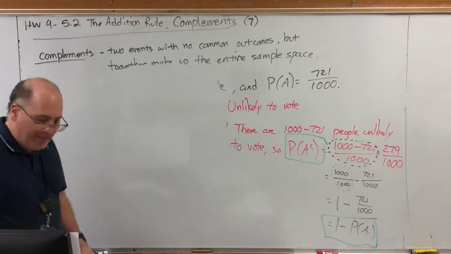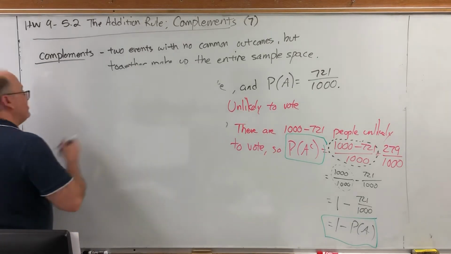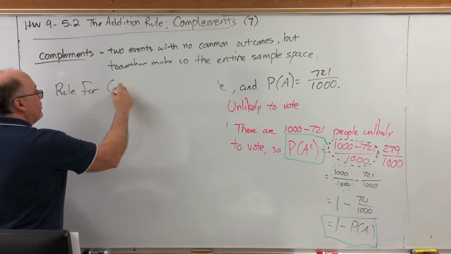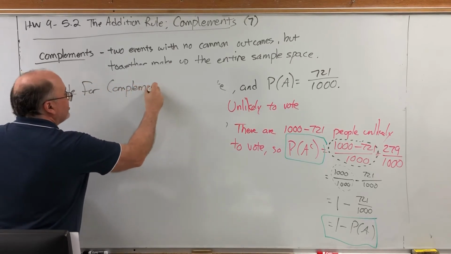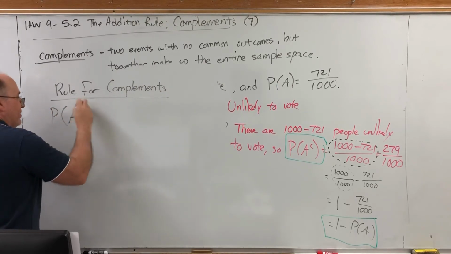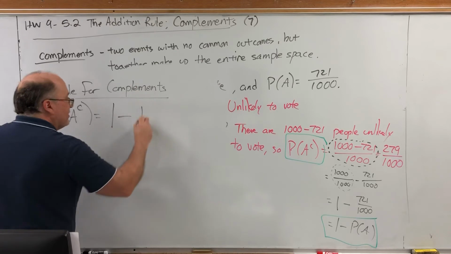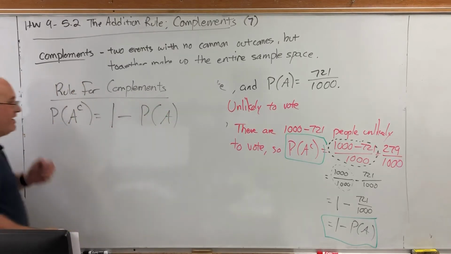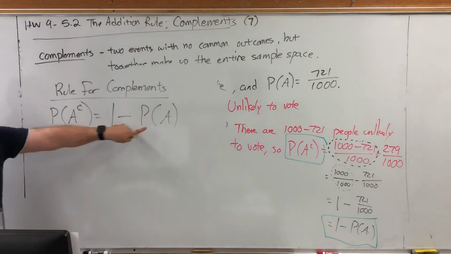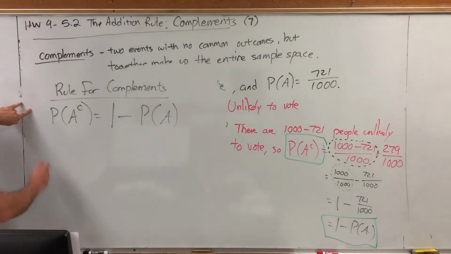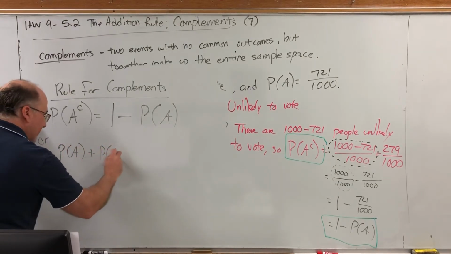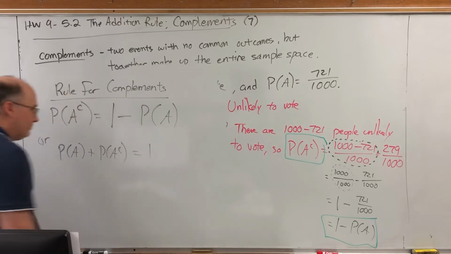So there's a rule for complements, and it's a very, very, very simple rule. Rule for complements: the probability of a complement is equal to 1 minus the probability of A. Equivalently, you could put the minus the probability of A over here, and you could say the probability of A plus the probability of A complement is equal to 1.